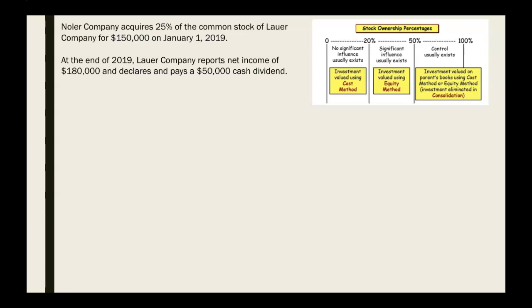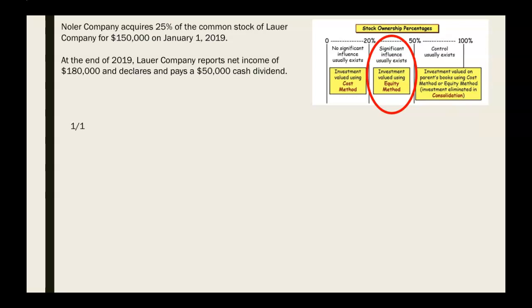We own 25%. Well, 25% falls between 20 and 50, so significant influence usually exists, and the investment will be valued using the equity method. So it's just a different way of recording our stock investments.